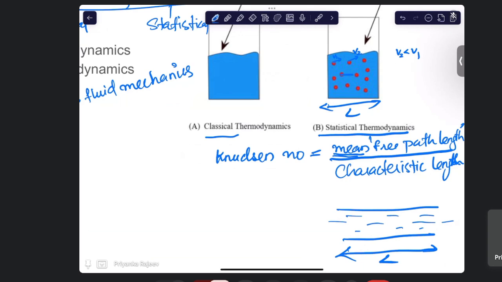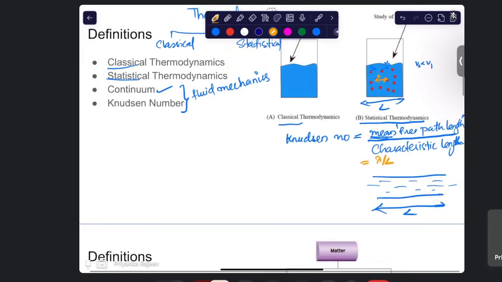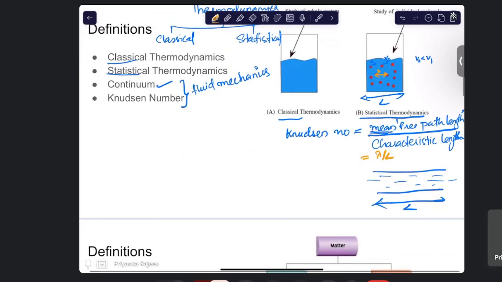So if this is the mean free path length, then that is denoted by lambda. So the Knudsen number is lambda by L, a non-dimensional number. Now you can see if L, the characteristic length, is really large, then you won't care about collisions, right?